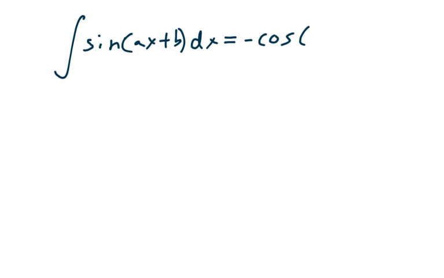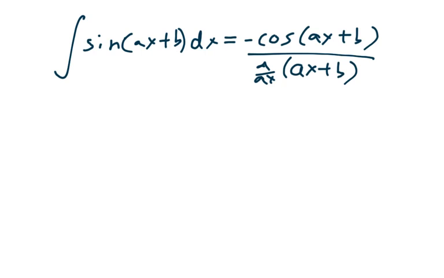Moving on to next, we are going to look at integration of sine ax plus b dx. Integration of sine will give you negative cosine of ax plus b, divided by the derivative of ax plus b.